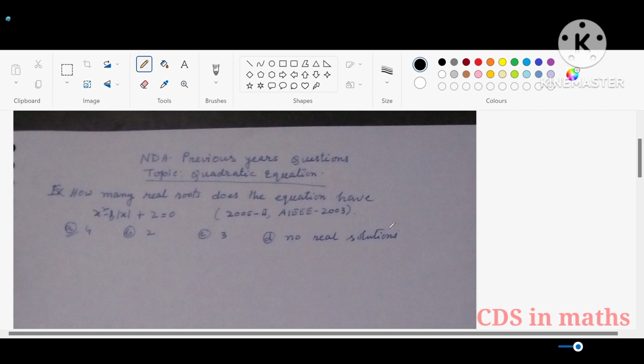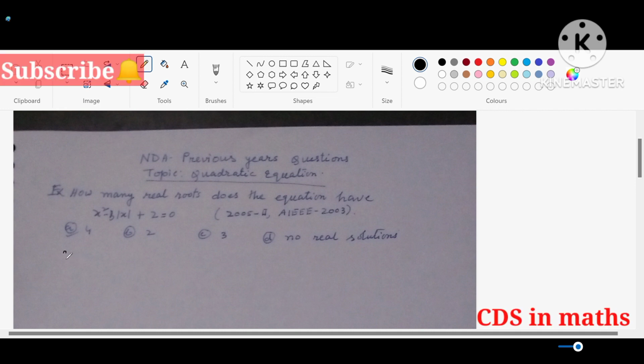So let's see which is the right option. We cannot solve it using the factorization method or the formula, because in this quadratic equation x is inside mod. So first we have to get rid of the mod sign.